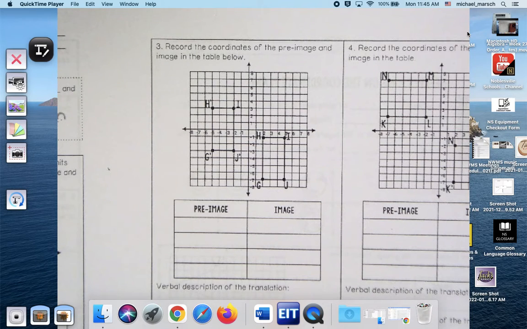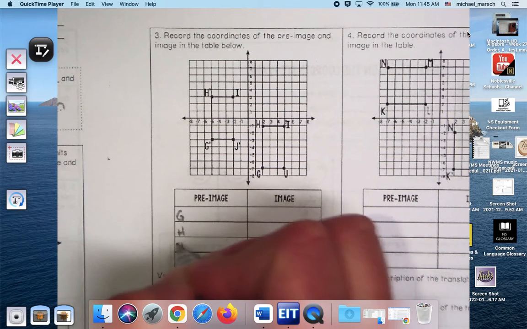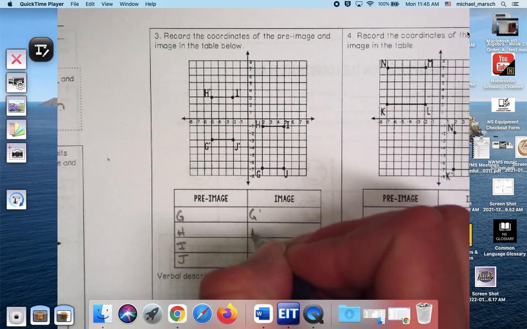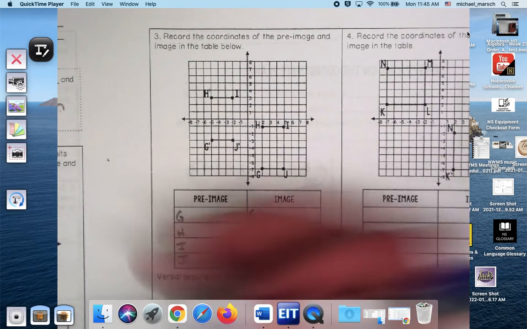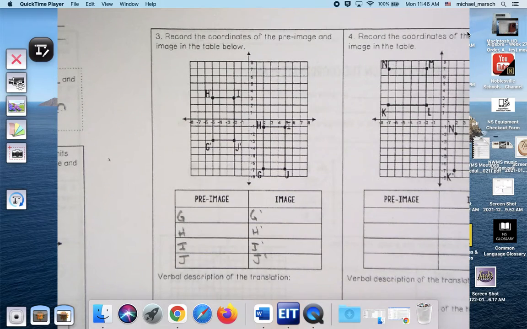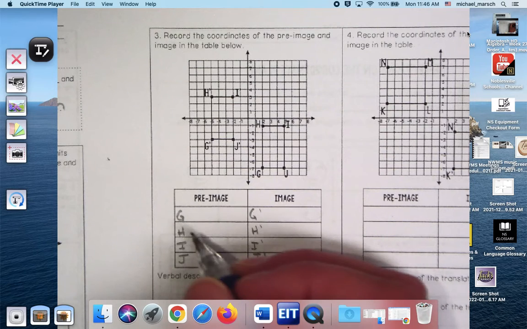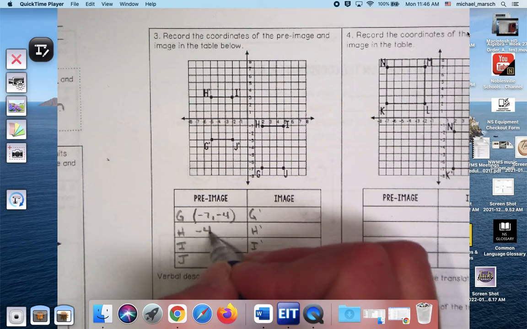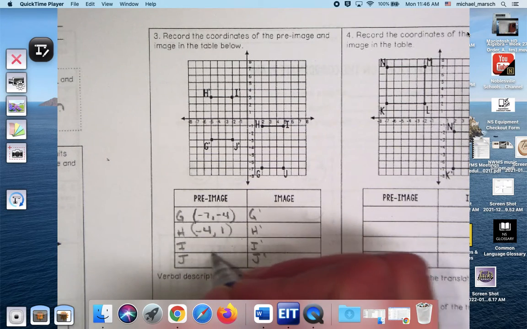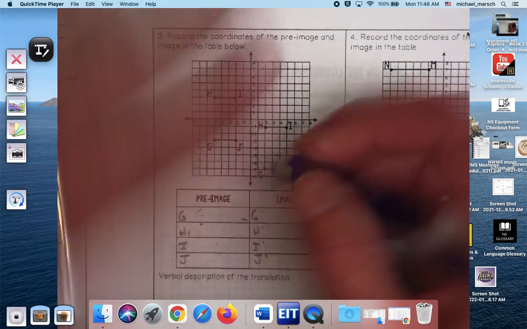Okay, so let's go ahead and just write down our pre-image and image values. So we have G, H, I, J. All right, you go in alphabetical order. G, H, I, J. Oopsies, on the wrong one.